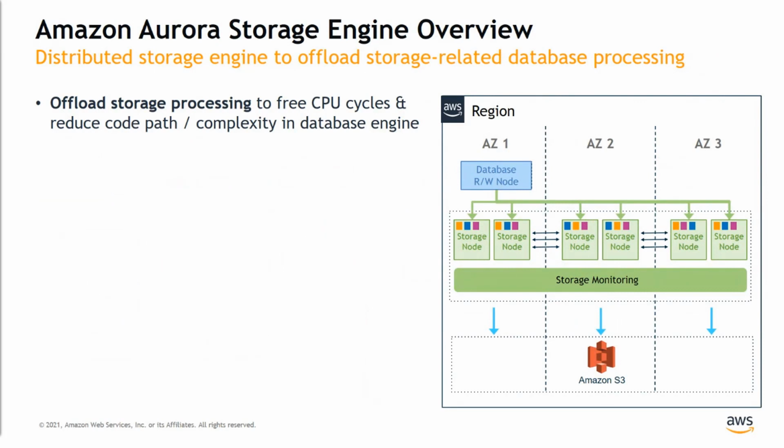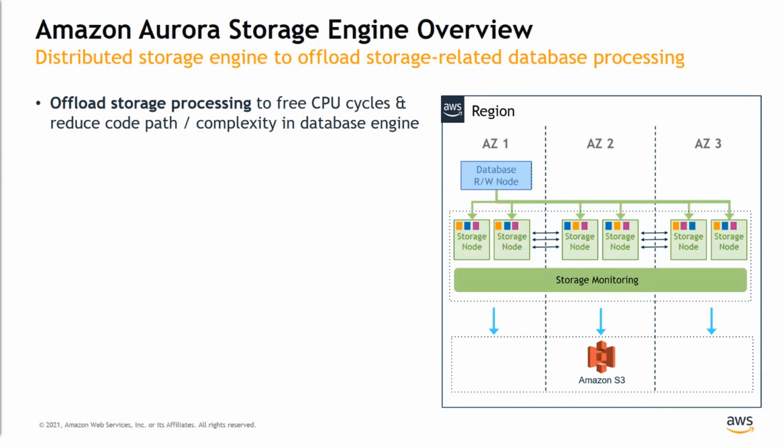So let's dig in initially to this area and look at the storage engine. Now, the first idea here was really to offload the database from having to do all of the work around storage processing and managing pages and buffers and all of the nitty-gritty stuff.